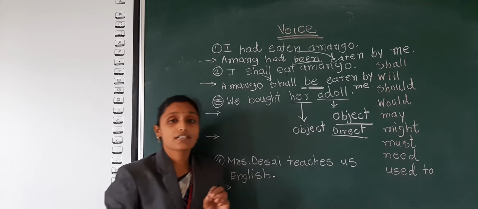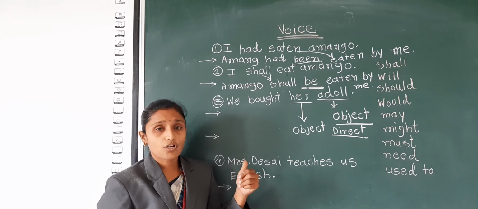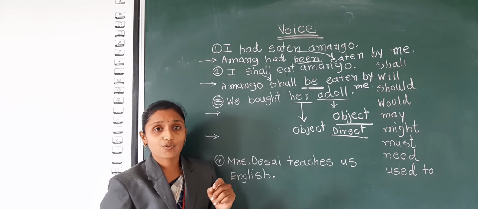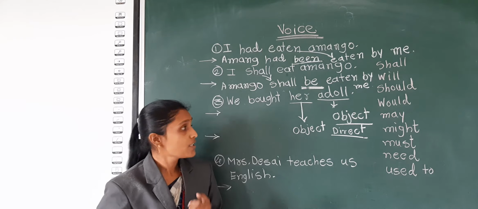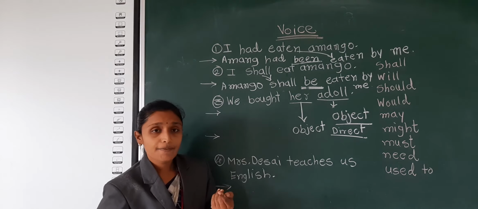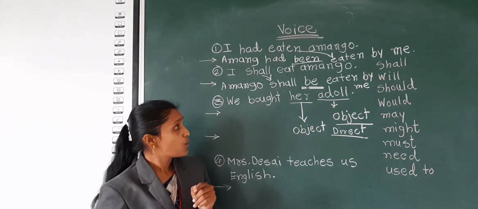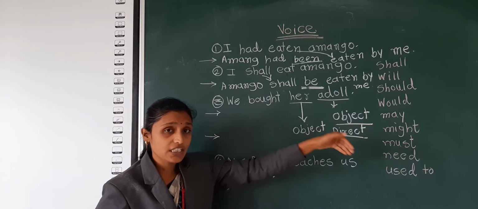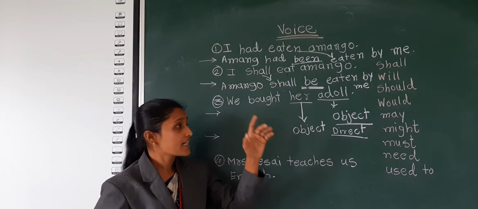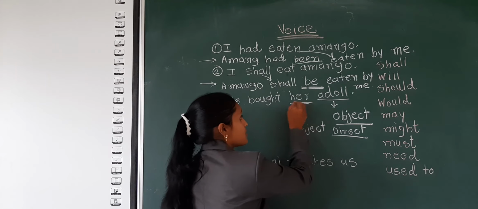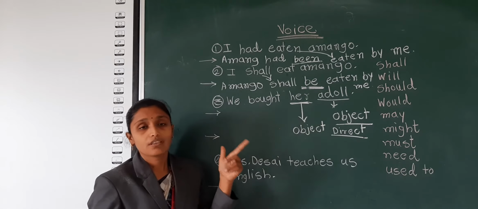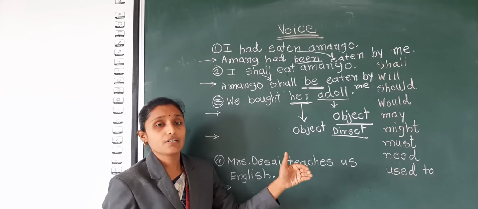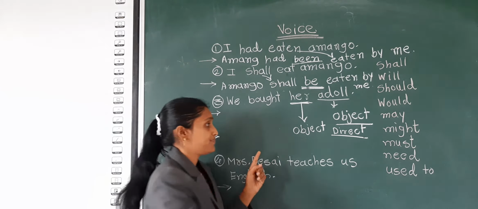First, which thing did you buy? A doll. So "a doll" is the direct object term. And which is the indirect one? To whom did you buy a doll? This is the indirect term, meaning indirectly we are giving these things. So the indirect objects are her, him, them. These are all examples of the indirect object term.